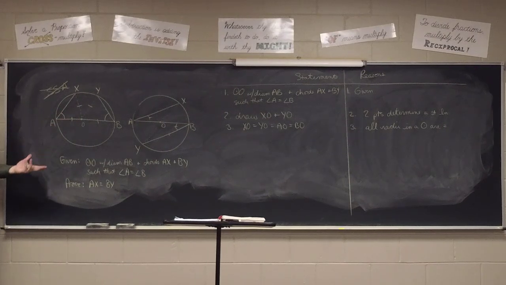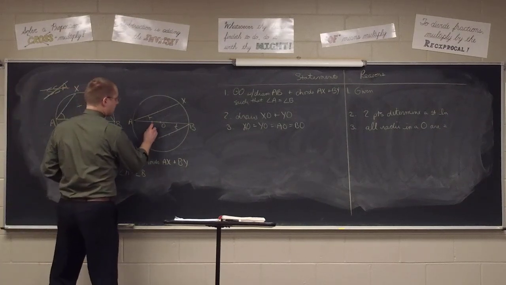Maybe another angle? Thoughts? Chris, you've helped me a lot already. Genesis, you've been quiet here. Thoughts on some angles that we could possibly get equal? Oh, I forgot to mark this.